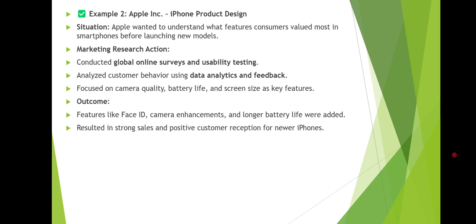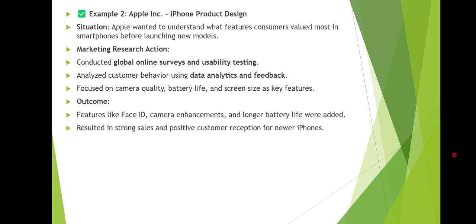Second example we have Apple iPhone product design. So what is the situation of Apple? Apple wanted to understand what features customers valued most in a smartphone before launching a new product. So basically they did marketing research and accordingly took actions. They conducted a global online survey and usability testing. They also analyzed customer behavior using data analytics and feedback.